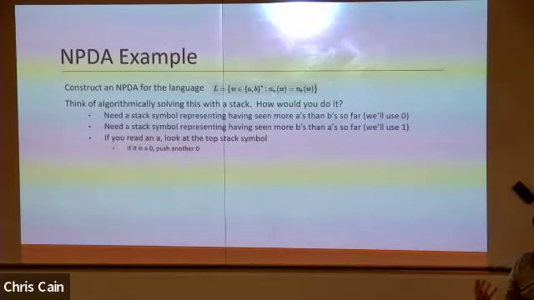The number of zeros on the stack is the number of more A's than B's we have seen so far in the string. If the top stack symbol is a 1, instead of pushing a 0, we can only have either zeros or ones on the stack in this case, we're going to pop a 1 rather than trying to push something, which says that we're subtracting 1 more B than A that we've seen so far.